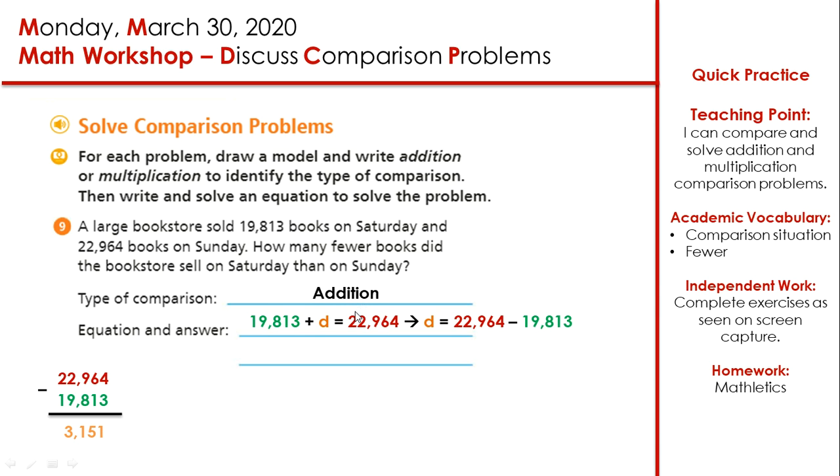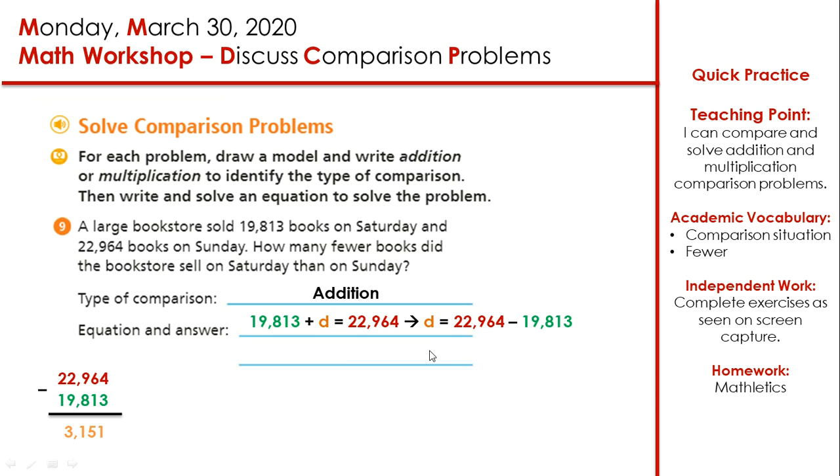I use 22,964 as the total because this is the greatest amount. That way, when I develop my equation, I can easily subtract this amount from my total, which is 22,964. When I do that, I can try the vertical form to solve it in an easier way.